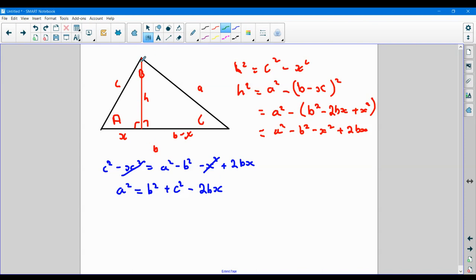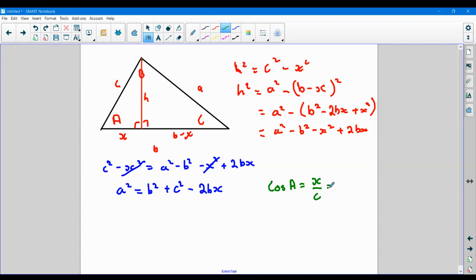So if I go back to this triangle here, I can see that cosine A is equal to x divided by c. Cosine A, x divided by c.